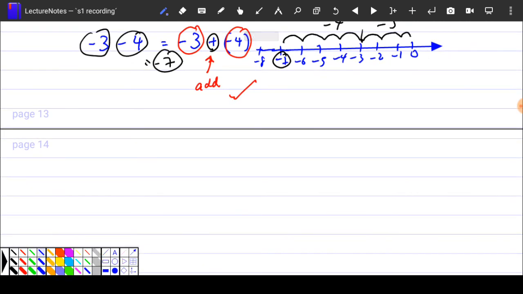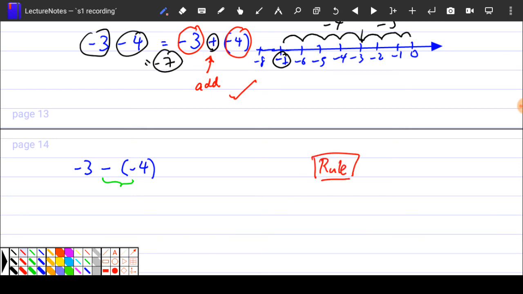But what if I have negative 3 minus, subtract, negative 4? So we are kind of seeing a new thing here, because usually we don't have two negative signs together. So I would like to introduce a new rule. So what is this rule?